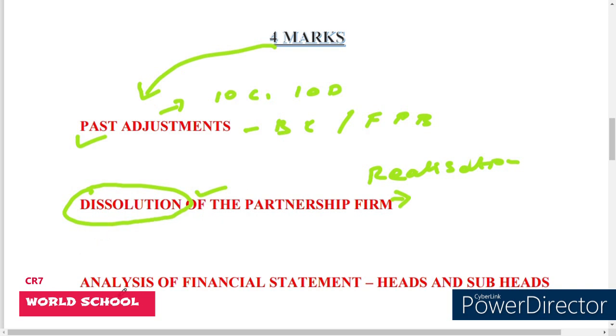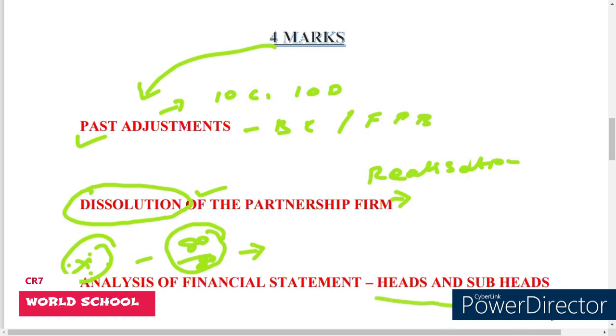And the analysis of financial statement. Heads and subheads, most important it is. Many people, those who are scoring 80 out of 80, like bright students, they make mistakes in this area, especially heads and subheads. While answering for it, write the items first of all.